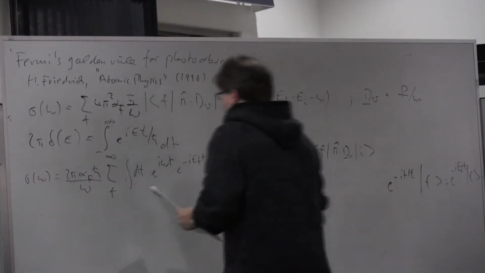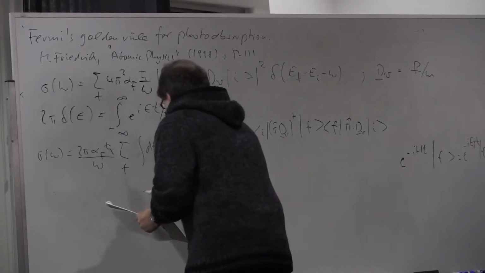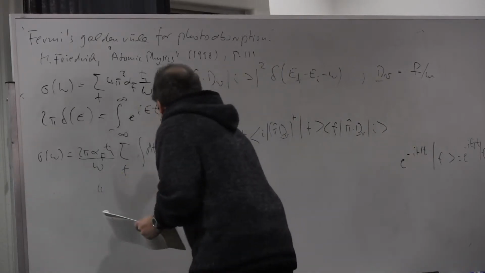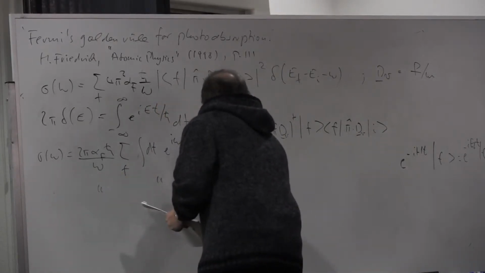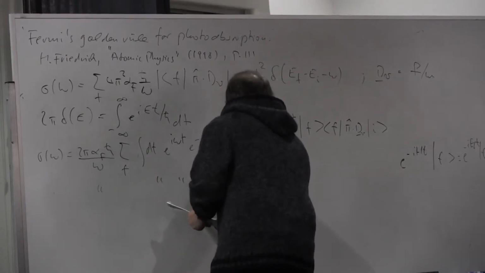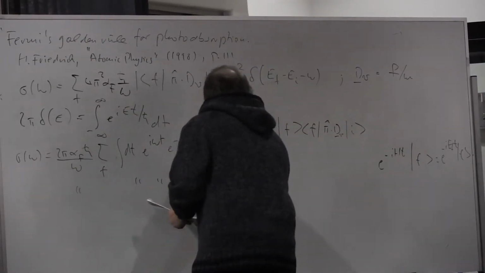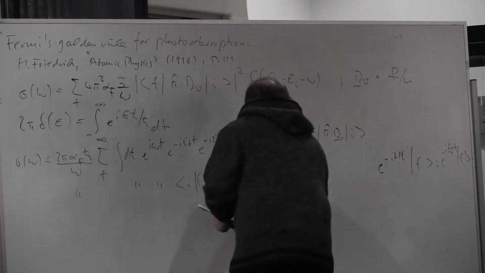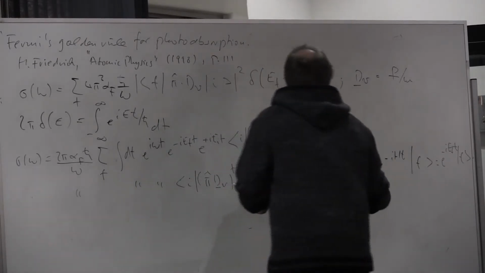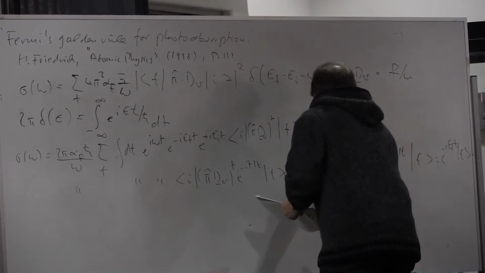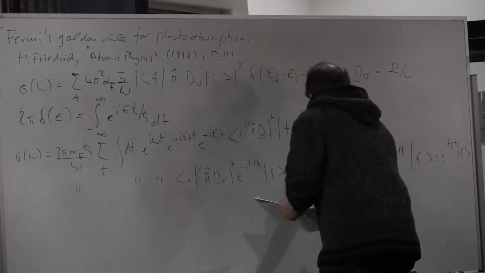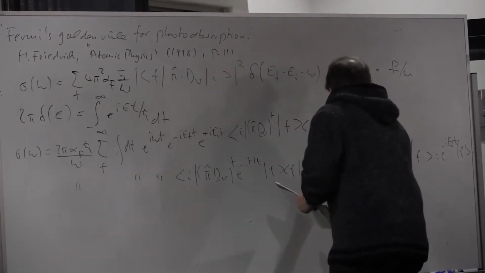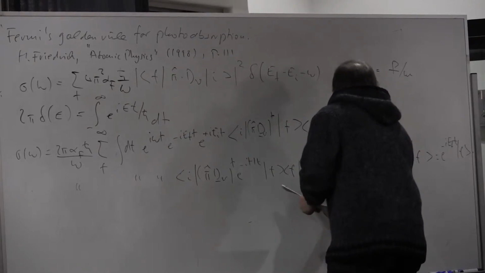That means we leave all that up to here, and from here it's all the same. We get initial, p times d velocity, and now here we put our e to the minus i H t on f, and the other one we take all the way to the end and put it here, e to the plus i H t on the initial state.